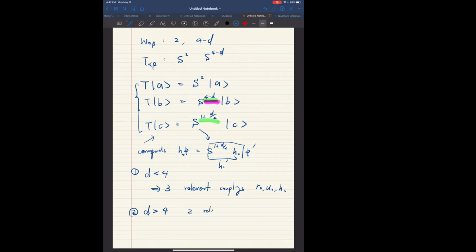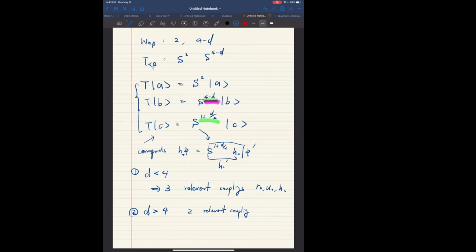2 relevant couplings, which is R0 and, sorry, it's not easy to say in here because, as you know, it's coupled.